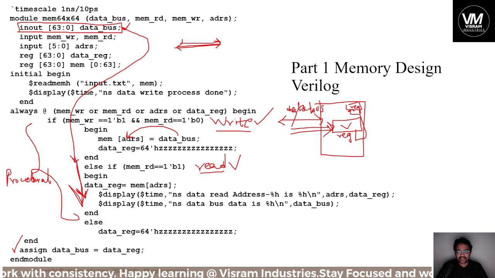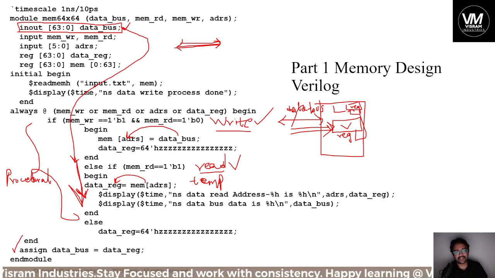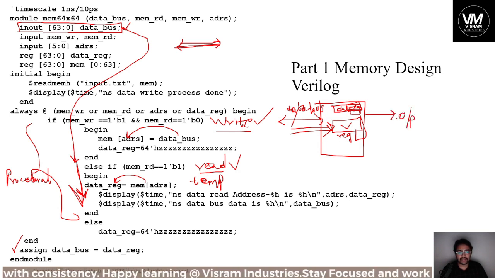In the read process, memory is going to the data register. In usual cases you can see the name temp, but I have said data register because that can be a temporary data register. So in the read process, you are reading from the memory into the output, or you are again reading into the data bus.